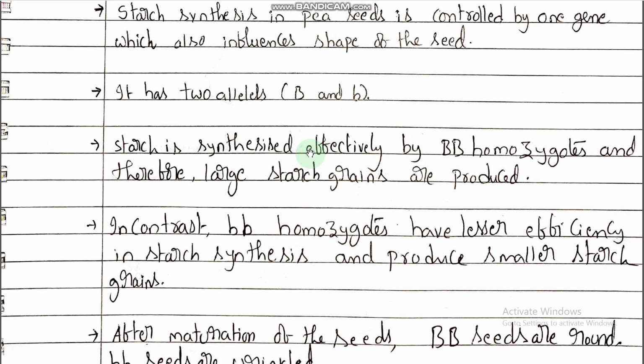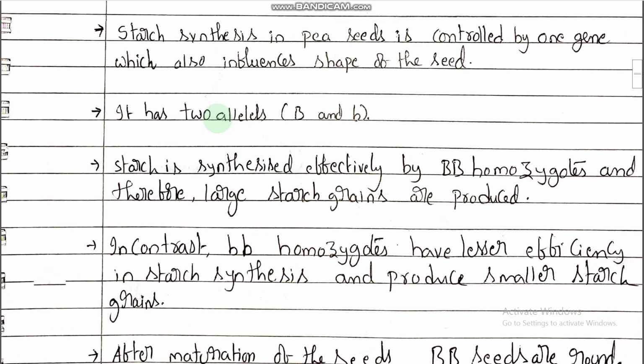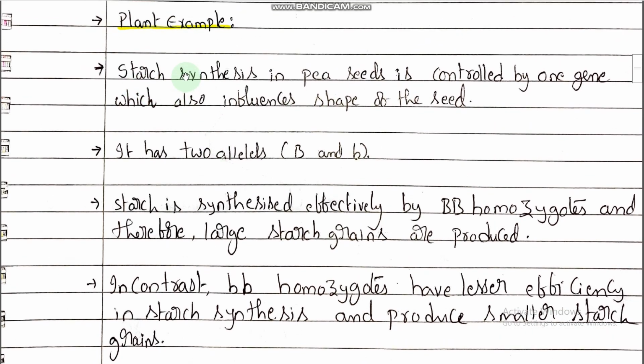So this starch gene is responsible for two characters we discussed: starch synthesis and the shape of the seed. Go through this next point: starch is synthesized effectively by capital B homozygotes, and therefore large starch grains are also produced.